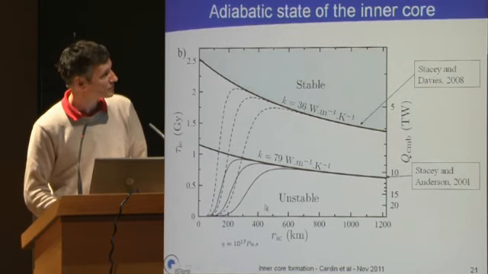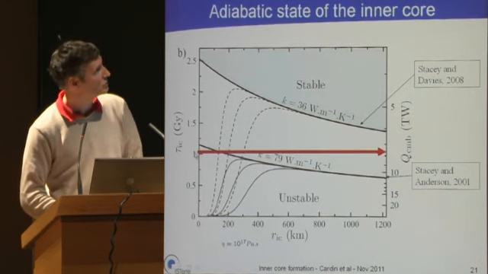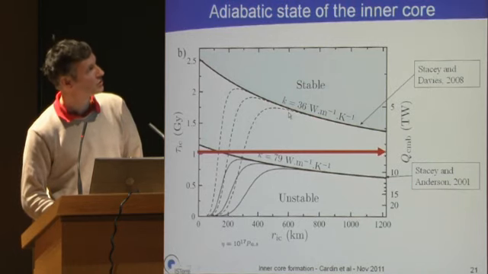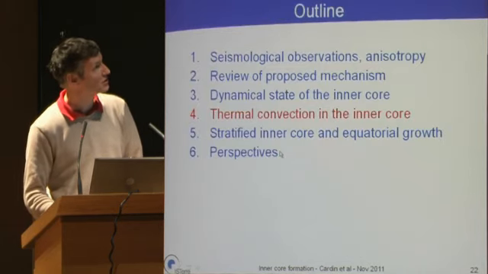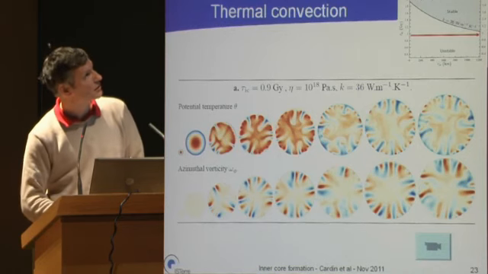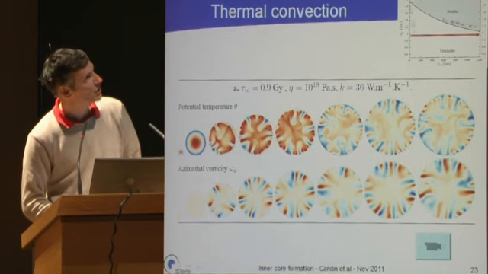So let me show you now a sequence. We will concentrate on this new value, 36 watt per meter per Kelvin, and I will show you an unstable inner core first. So this is thermal convection in the inner core. So you have a view of this dynamical state regime here.